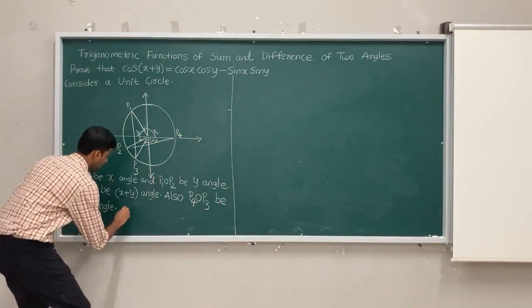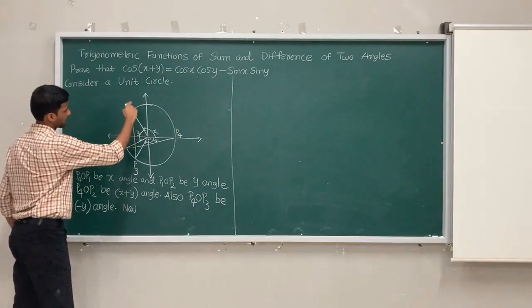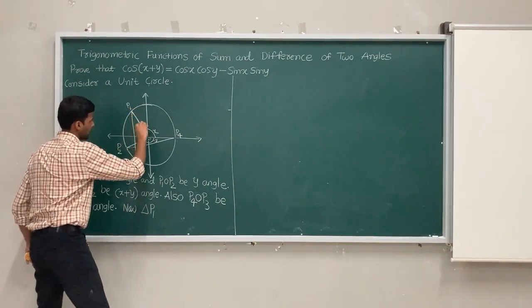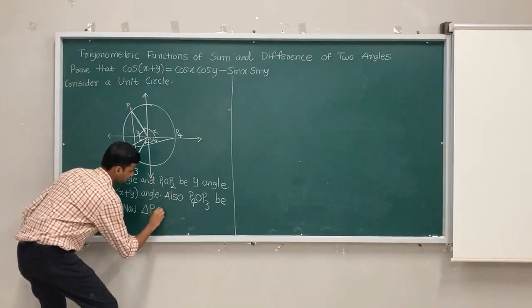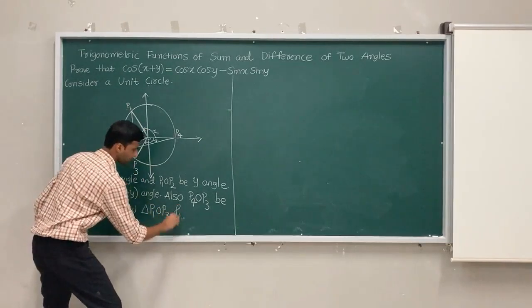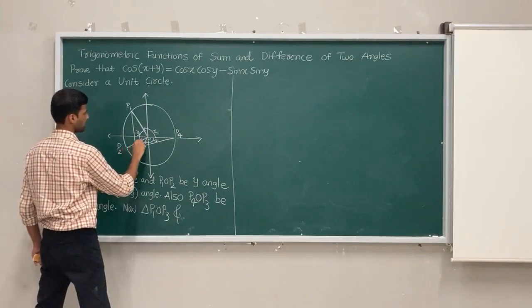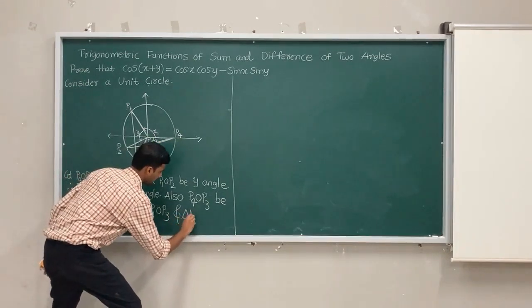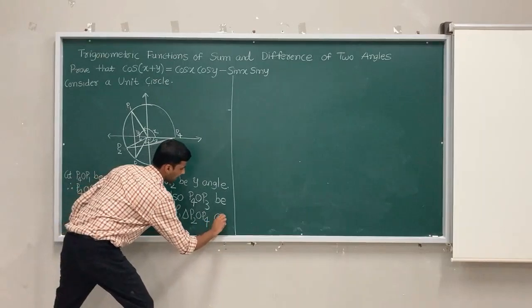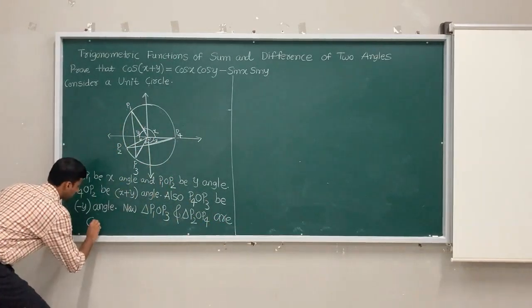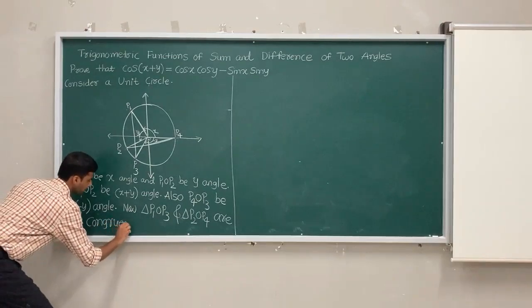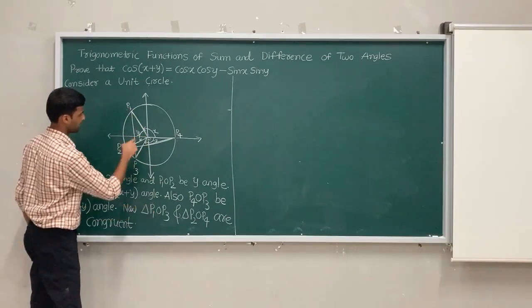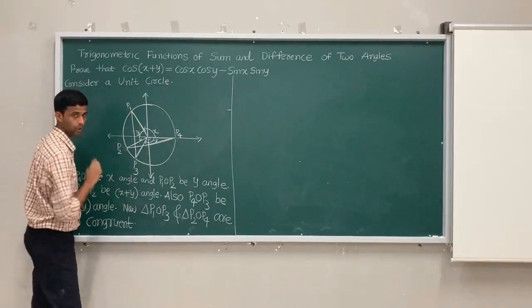Okay. Now I consider two triangles: triangle P1OP3 and another triangle P2OP4. Triangle P1OP3 and triangle P2OP4 are congruent.